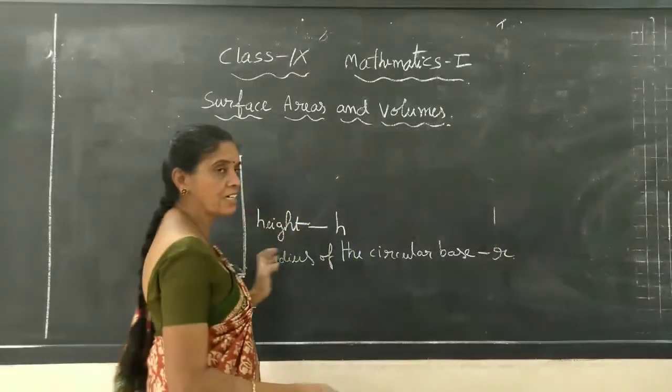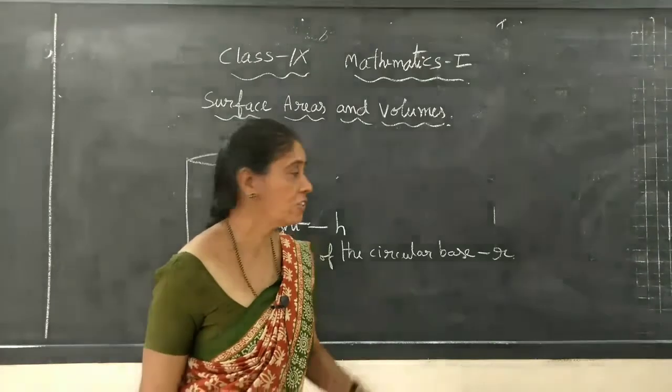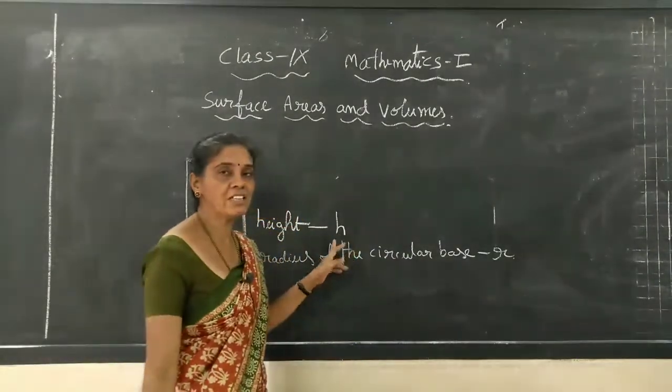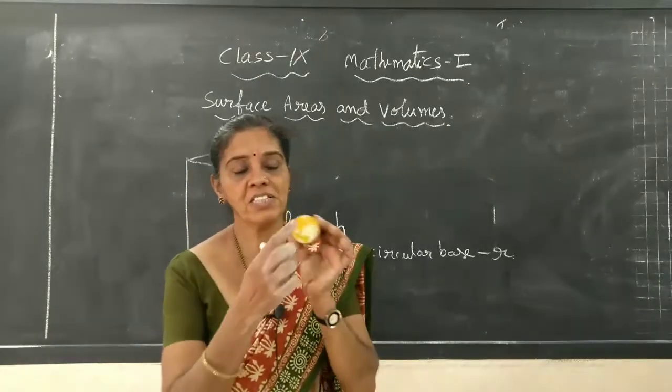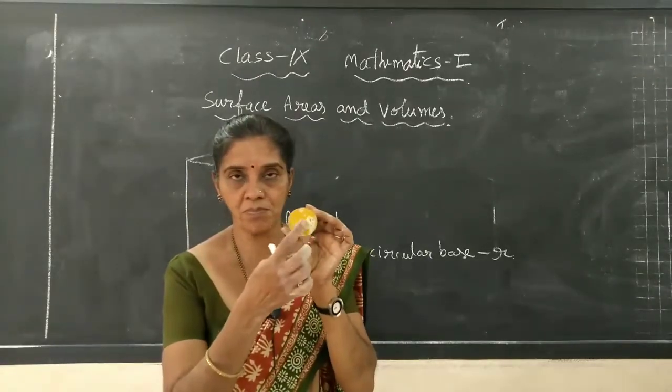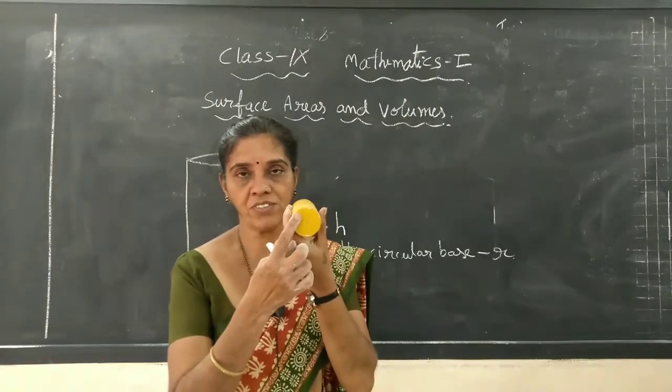So in the cylinder you should know two terms. One is the height of the cylinder, denoted by H, and the other is R, which is the radius of this cylinder. This face is identical to this face also, a circular face.